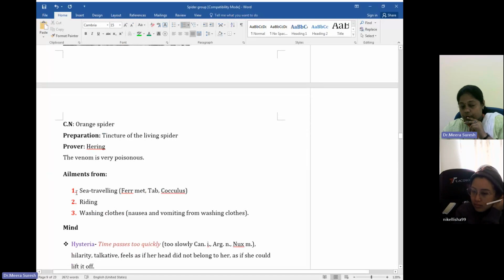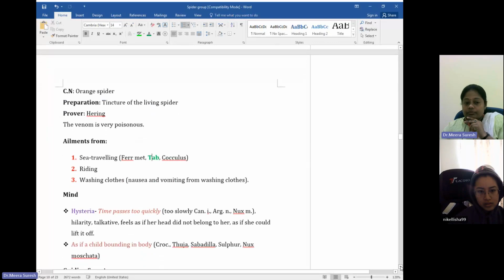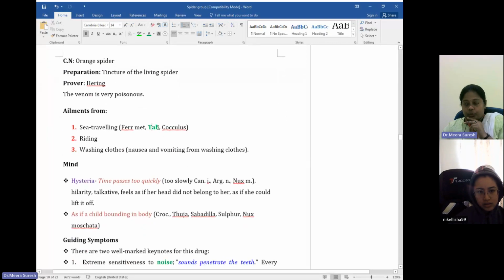However, if I say specifically for seasickness or traveling by ship, one of the important remedies will be Tabacum and this one, Theridion. Even now there are people who go by ships, and if they have some symptoms, Tabacum would be a very good remedy.